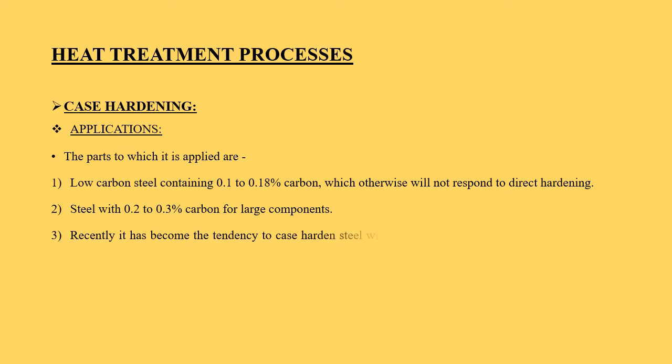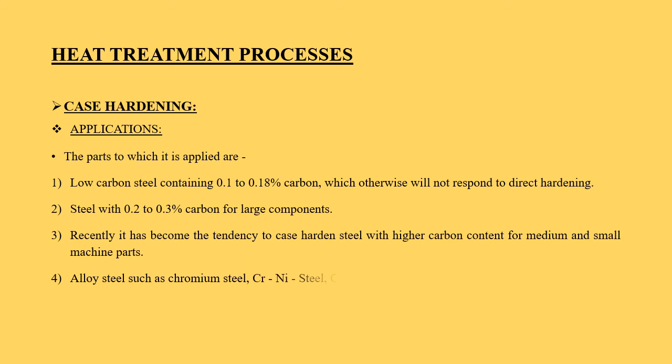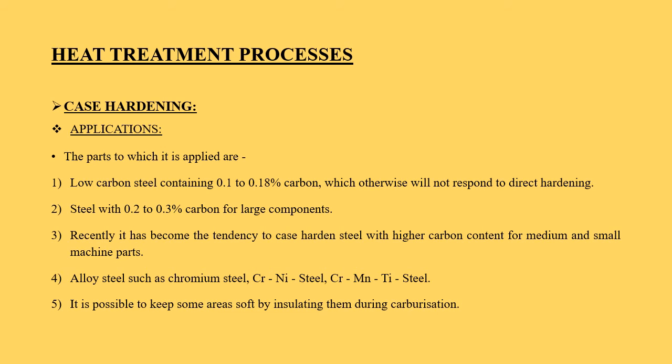It has become a tendency to case harden steel with higher carbon content for medium and small machine parts. Alloy steels such as chromium steel, chromium nickel steel, and chromium manganese titanium steel can be case hardened. It is possible to keep some areas soft by insulating them during the carburization in the case hardening method.